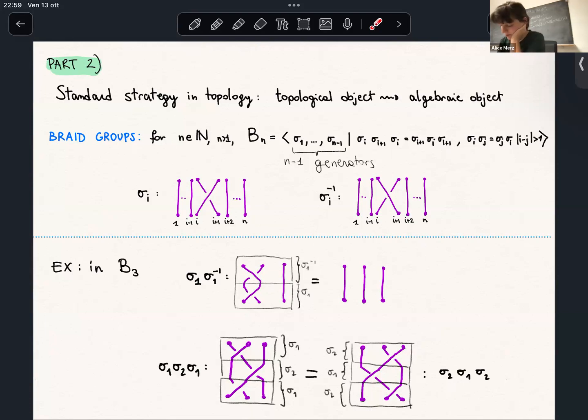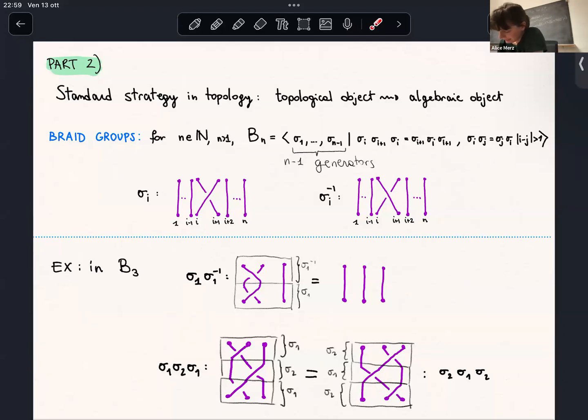So braid groups are just groups defined as we see here. Here we have a nice presentation with n-1 generators and some relations. I'm not going into the details of these relations, but let's just say that we can identify the sigma i's with a very topological object.